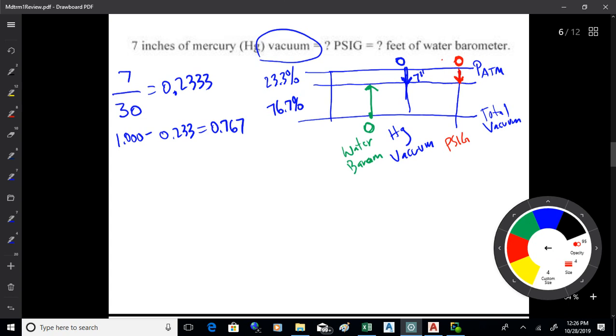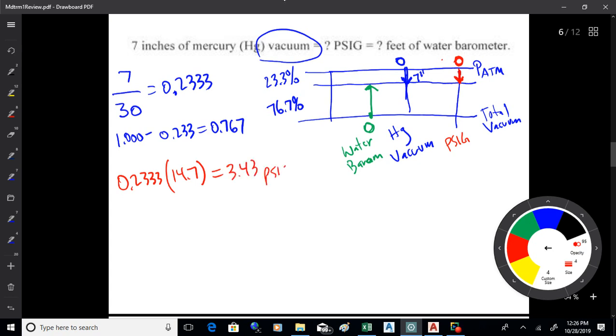So for the PSIG, what I've got is 0.2333 times 14.7, because I'm 23.3% of the way on 14.7. Okay. So that's 3.43.